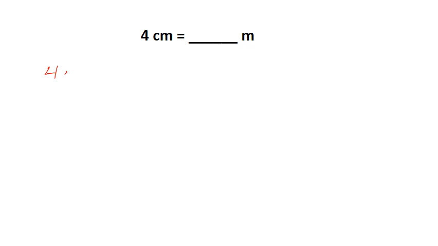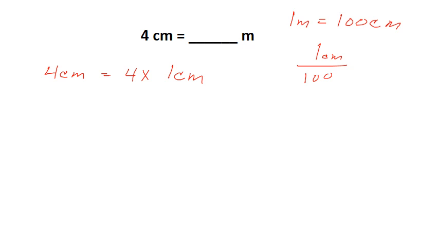Let's try 4 centimeters to meters. Well, we know 4 centimeters equals 4 times 1 centimeter. And the same thing here, 1 meter equals 100 centimeters. That means 1 centimeter would be 1/100th of a meter.